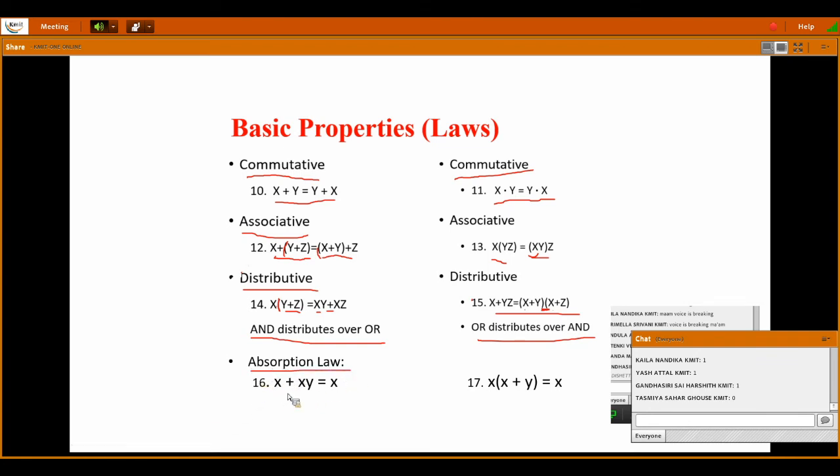Now the third one is absorption law. Absorption law is x plus xy is equal to x. So how do we show this as a law? See, there are two terms.